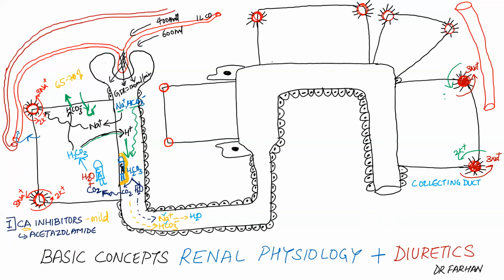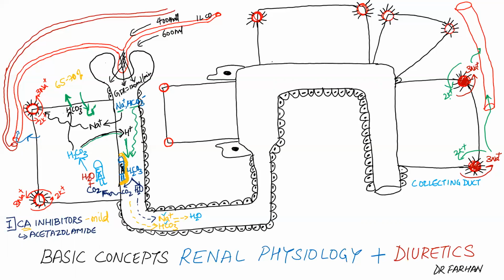This sodium will again go into the general circulation and get reabsorbed. This is a continuous process that is happening every time: 3 sodium getting kicked out of the cell and 2 potassium coming in. So at any given point of time, the cells of our body will be deficient in sodium, because sodium is continuously getting kicked out of the cells, and the cells will be rich in potassium.